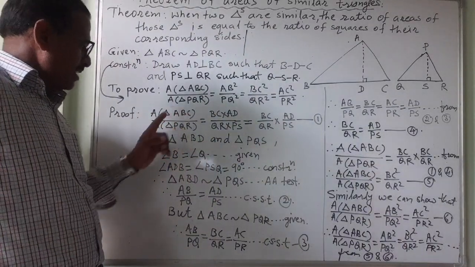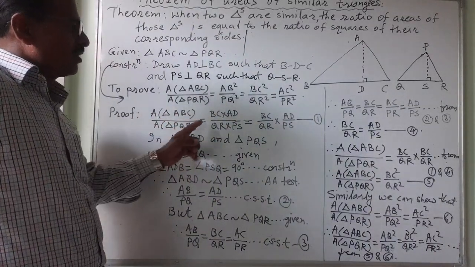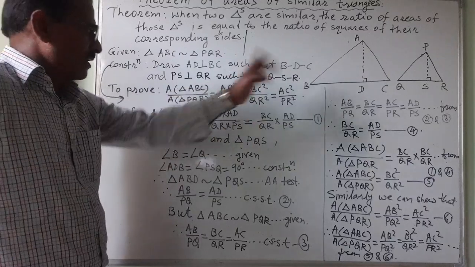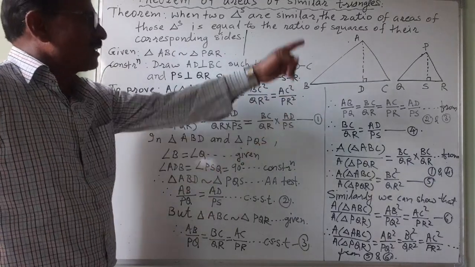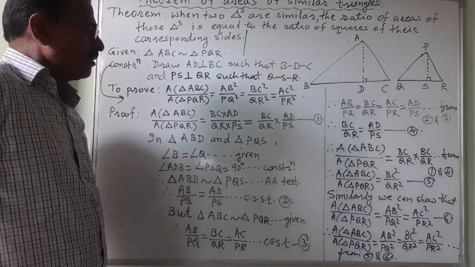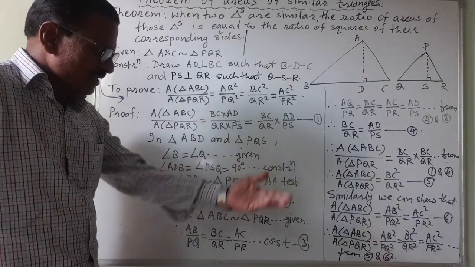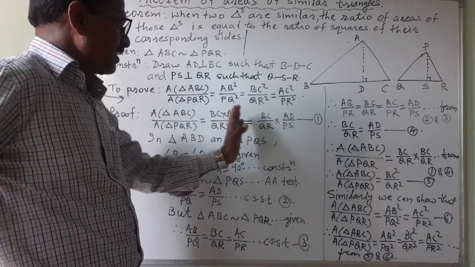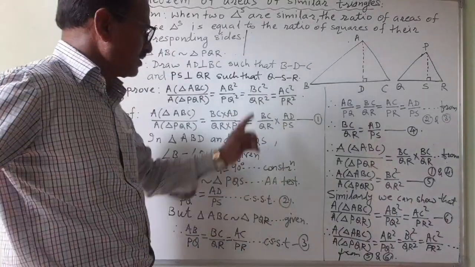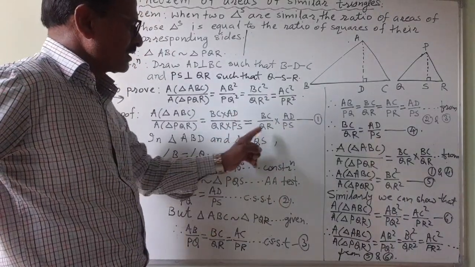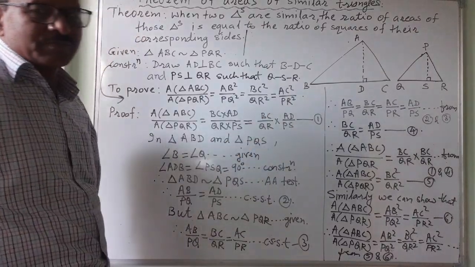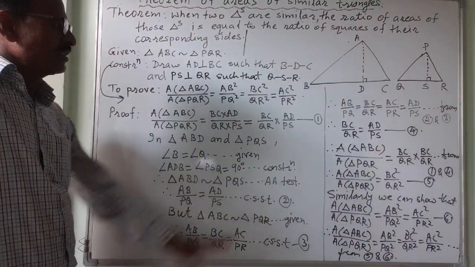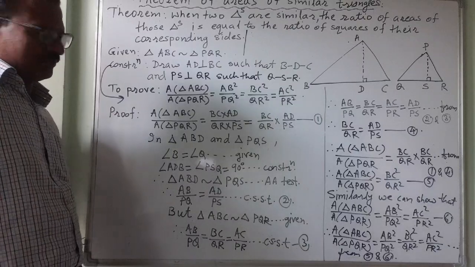For convenience in the subsequent theorem, BC upon QR and AD upon PS we have separated. These are the corresponding sides and these are their corresponding heights. This we have numbered 1.